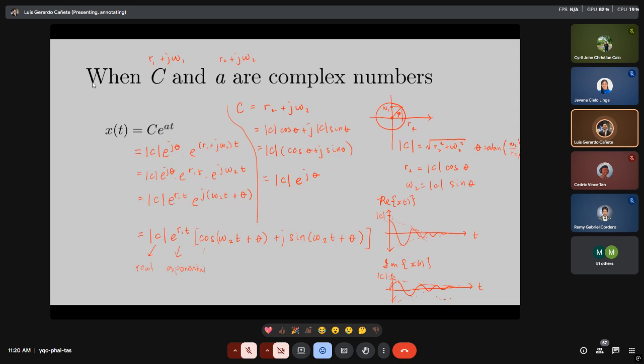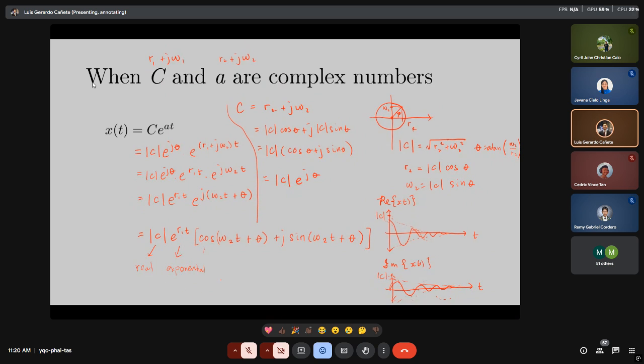Now we can also generalize these complex C and a to be complex numbers, in which case you would have this representation. And of course, we were able to write this down this way.